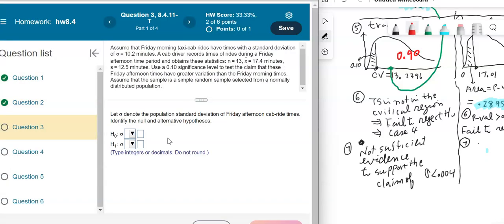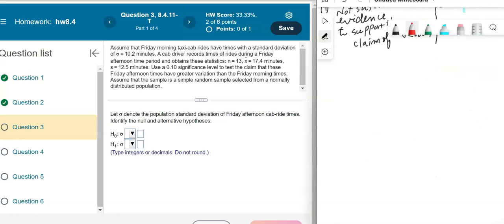All right. Now let's look at question number 3. Assume that Friday morning taxi cab rides have times with standard deviation sigma equal 10.2.